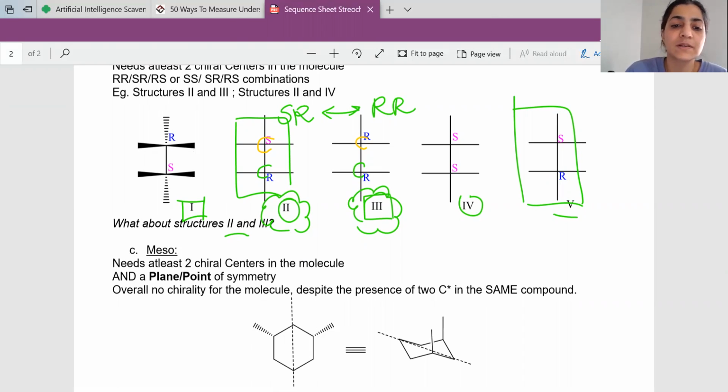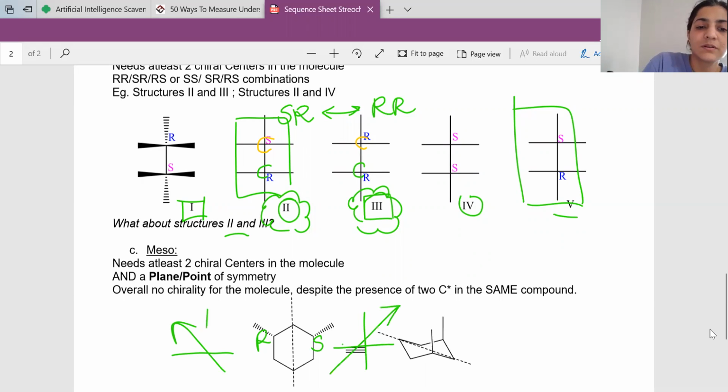So if you look at this particular structure, if one of the groups is R, the other will be S. Within the same structure, if your light is being rotated in one direction by one enantiomer, it will be rotated in another direction by the other enantiomer and to the same extent, because the same molecules are present.